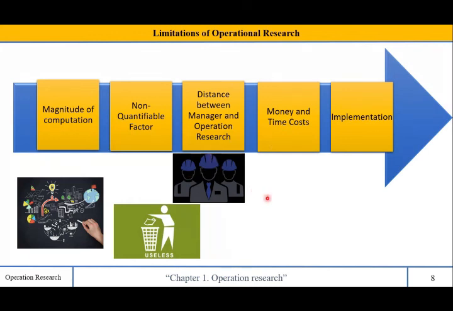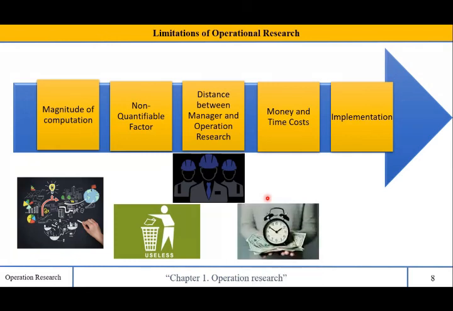So it brings some differentiation between them. Then money and time cost. Of course, if it is a computational thing, then you need mind and work. So it brings an extra money and time cost in this particular study.